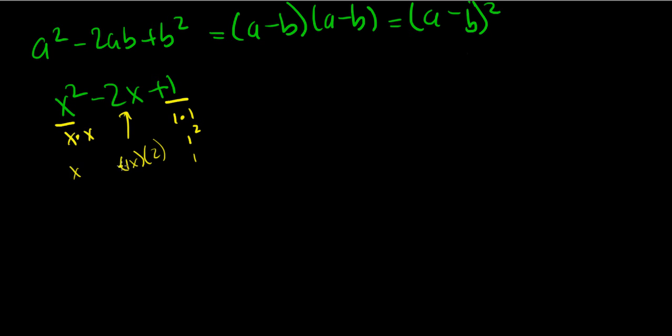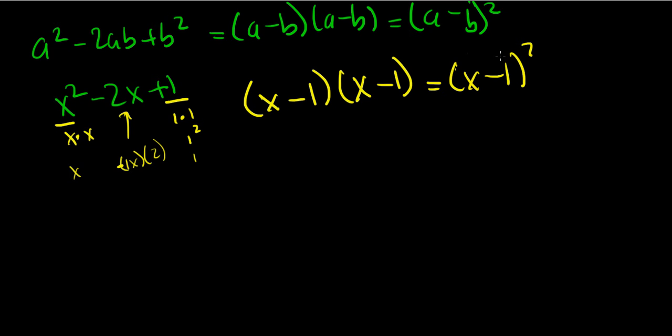So when we're writing out the actual factorization, it would be x minus 1 times x minus 1 equals x minus 1 squared. You know to put the minus sign when the middle term has a negative next to it, and it's a perfect square trinomial.